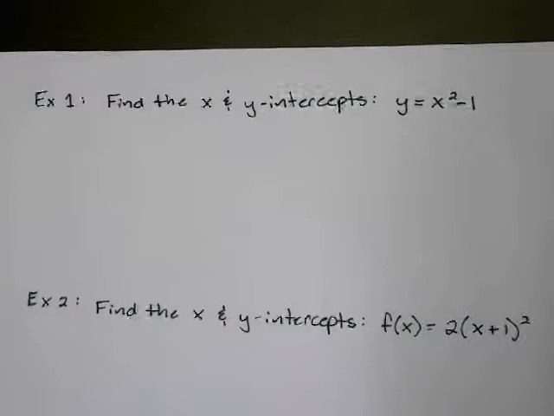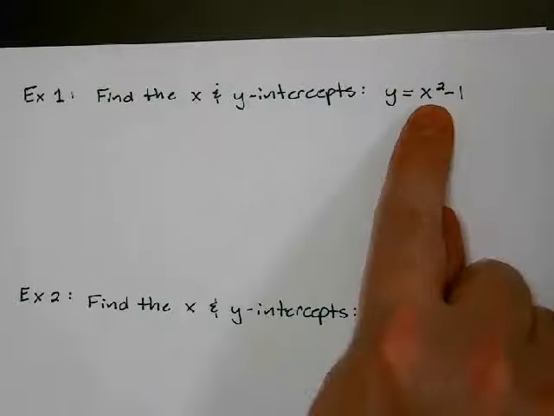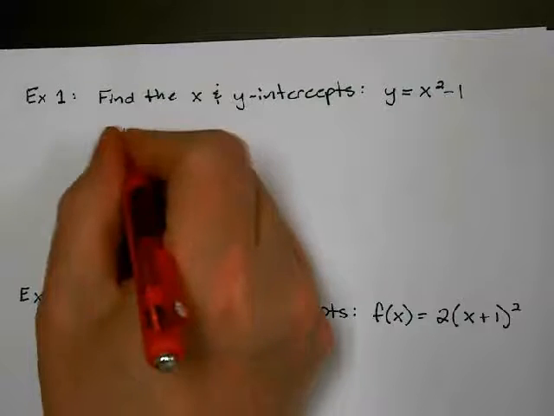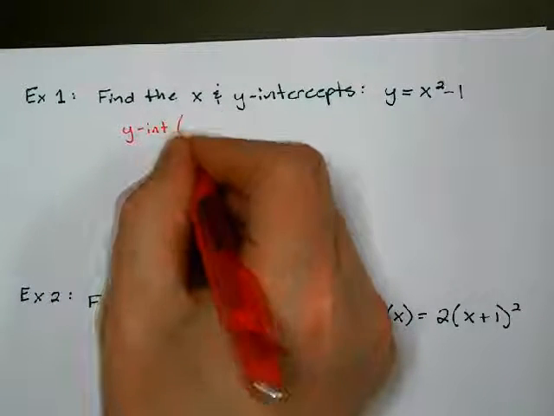Okay, so first one, I've got y equals x squared minus 1. I want to find the x and the y-intercepts. Let's start with the y-intercept. So I'm going to find my y-intercept. The y-intercept is when x is equal to 0.